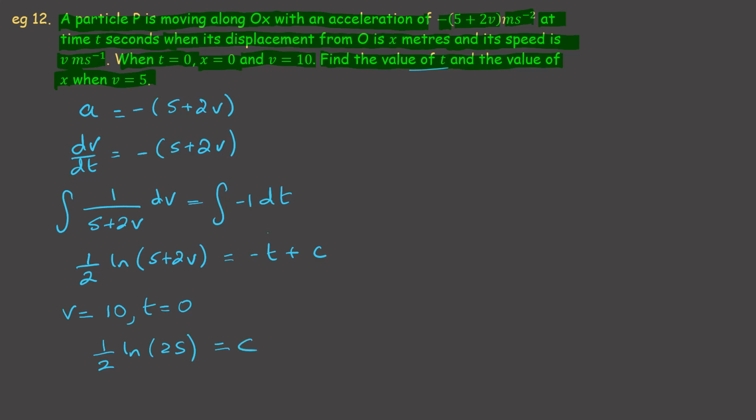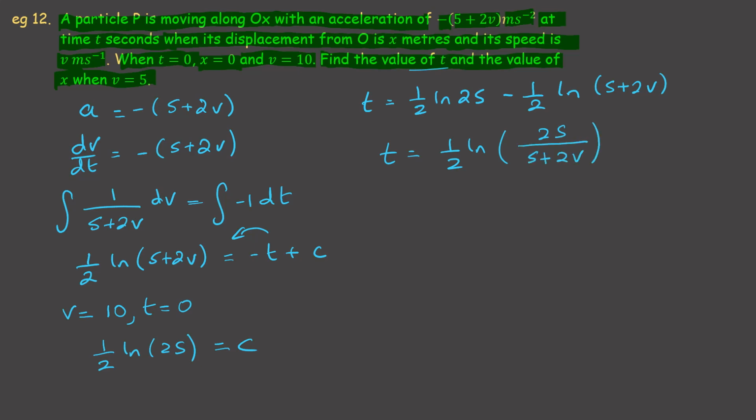And therefore t, I'm just going to take t onto the other side, is going to be equal to c, which is a half ln 25, take away a half ln 5 plus 2v, which we can write as a half ln 25 over 5 plus 2v.